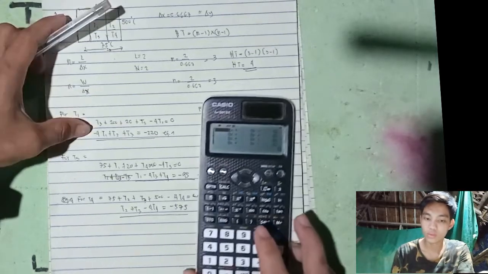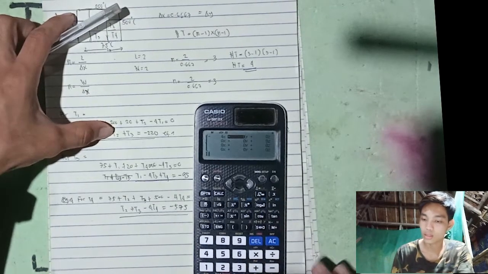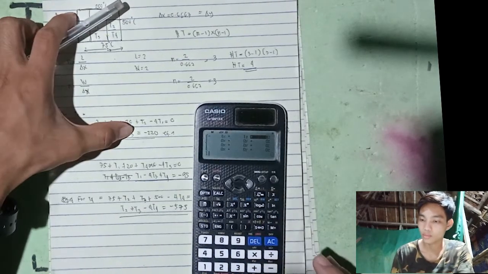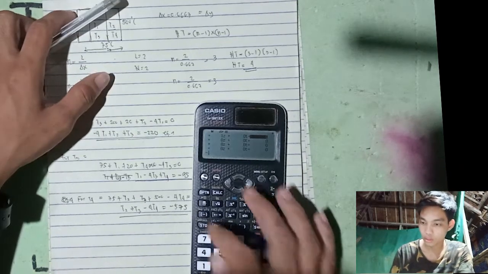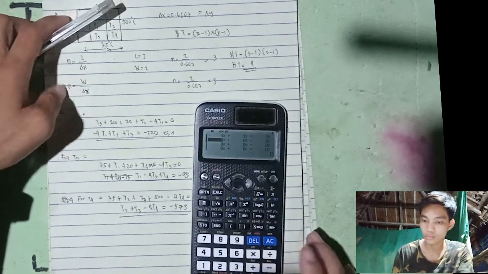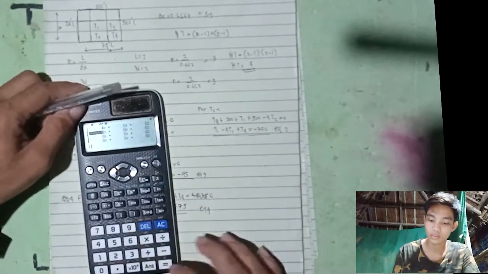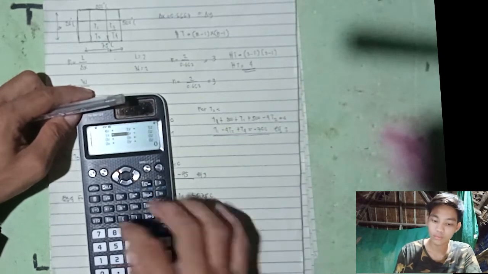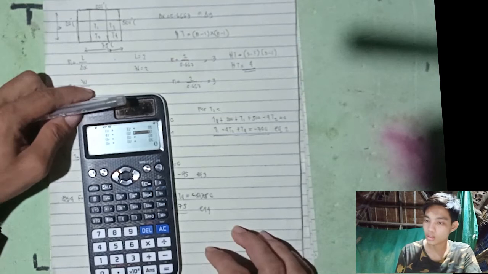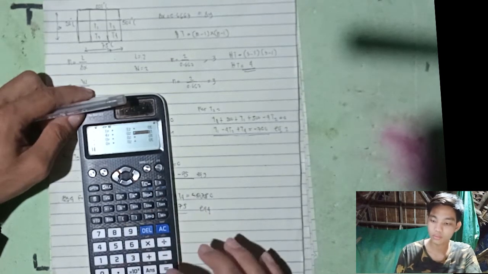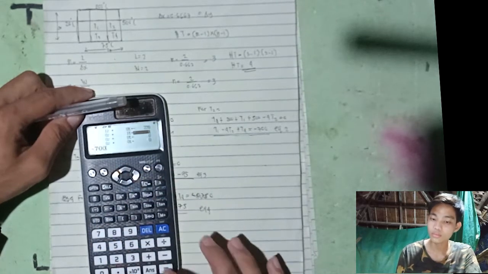So in ating equation 1, we have negative 4, T2 is 1, T3 is 1, and T4, which is 0, is equals to negative 220. And for our equation 2, we have 1, negative 4, 0, T4 is 1, then negative 700.